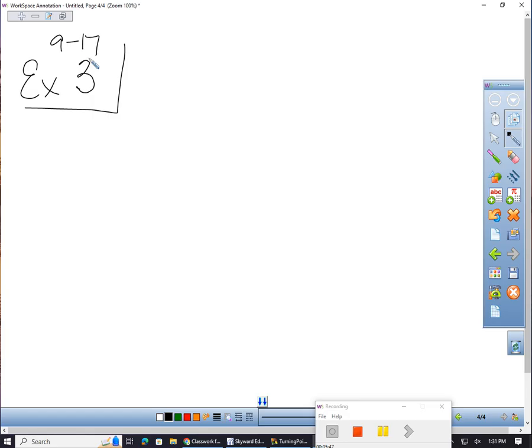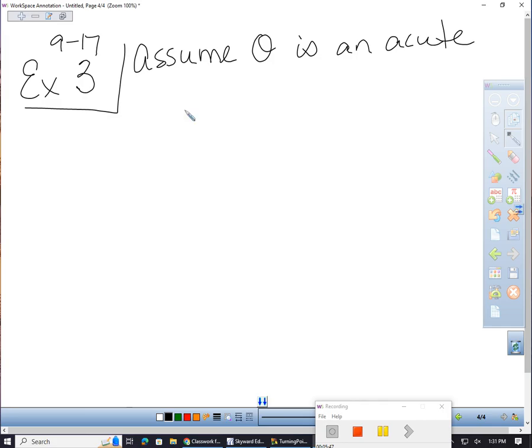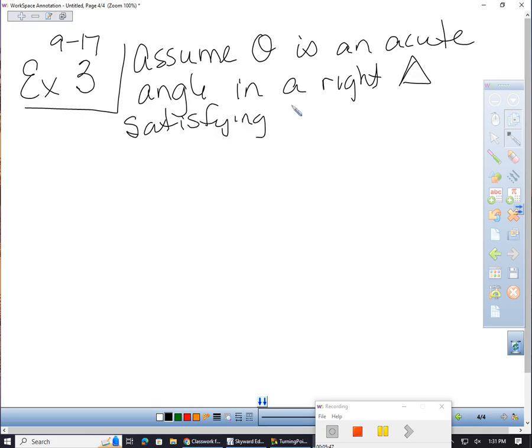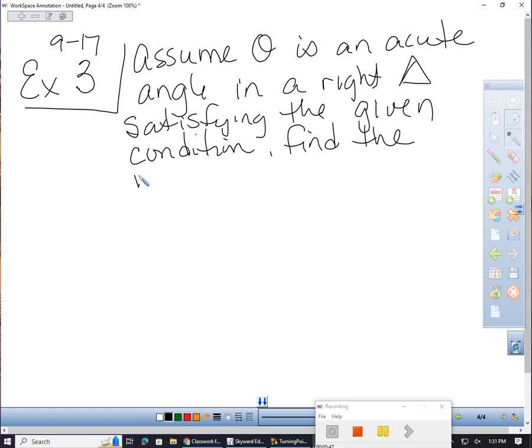And it says, assume theta is an acute angle in a right triangle, satisfying the given condition, find the remaining trig ratios.